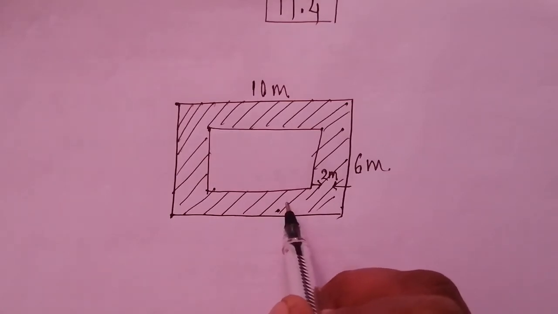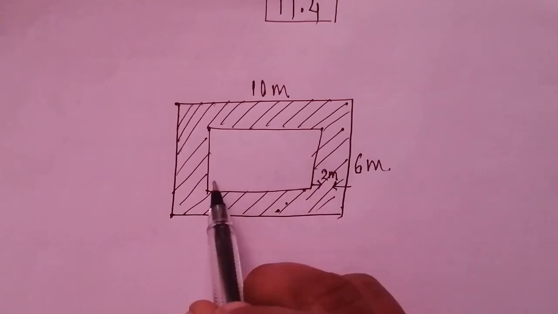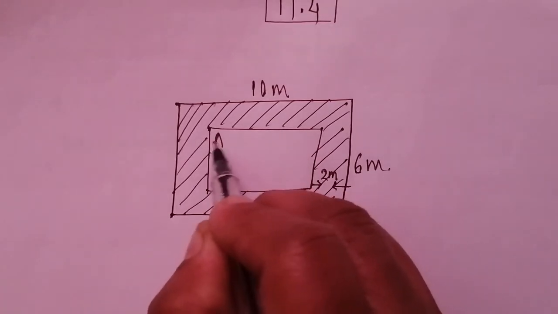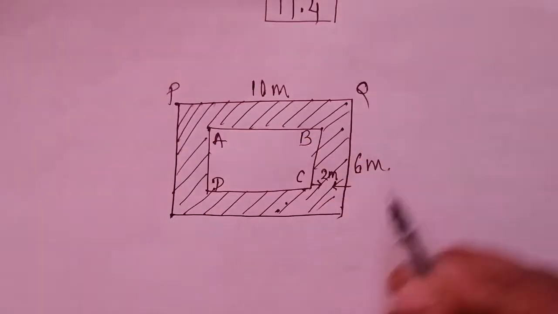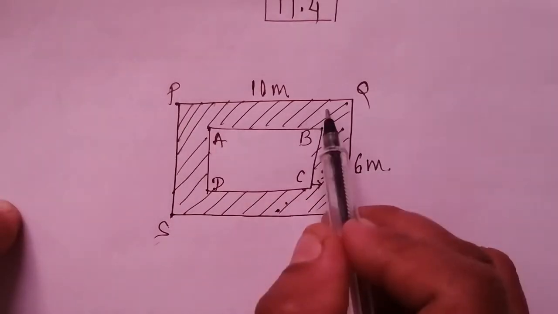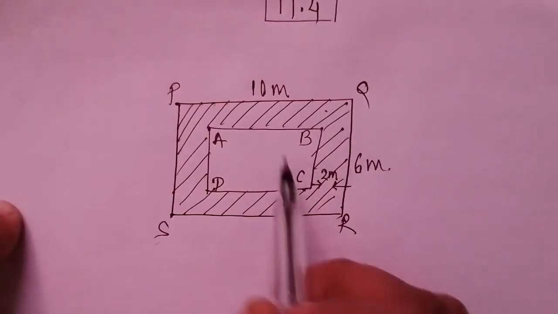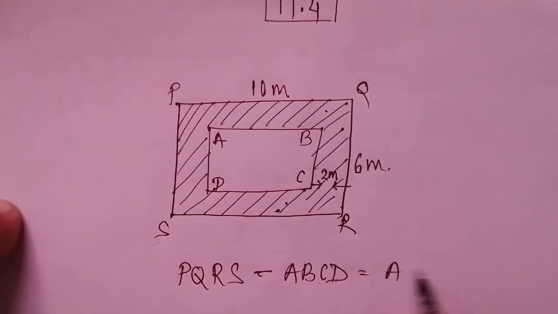For this, first of all you need to find the area of this inner rectangle. Suppose I label it ABCD, and this is PQRS. To find the area of this pathway, first of all you have to find the area of PQRS, and then if you subtract the area of ABCD from that, you will get the area of the path.